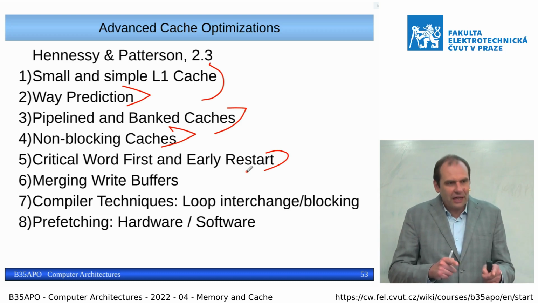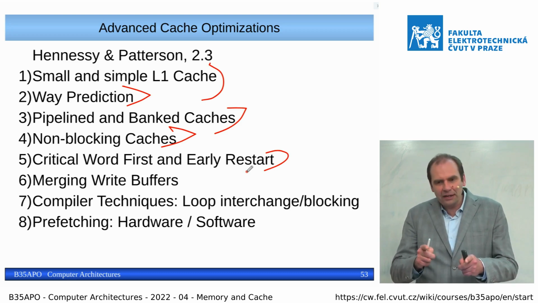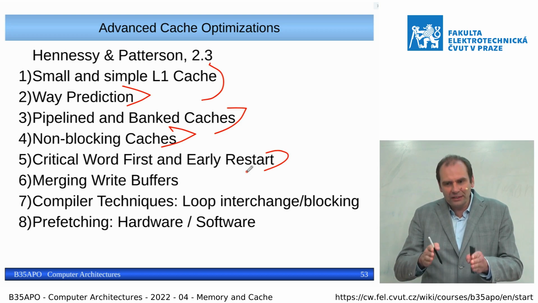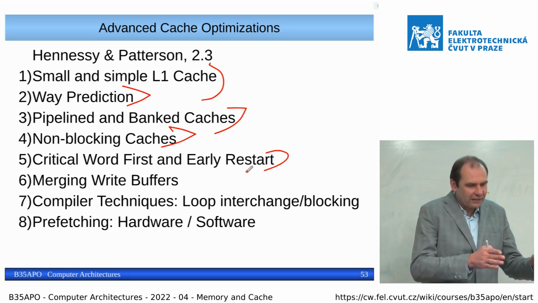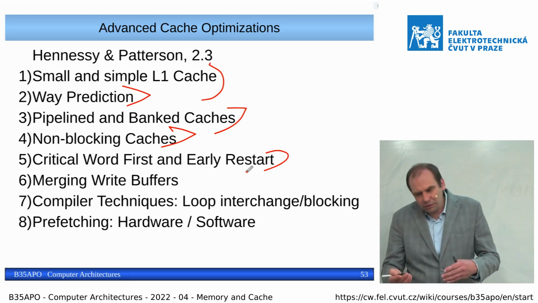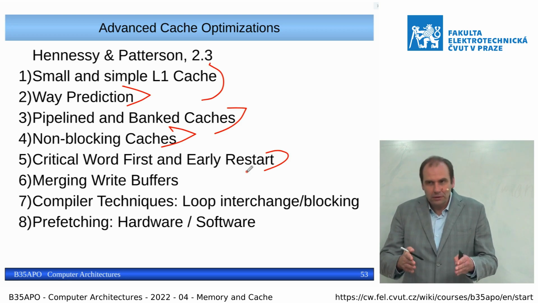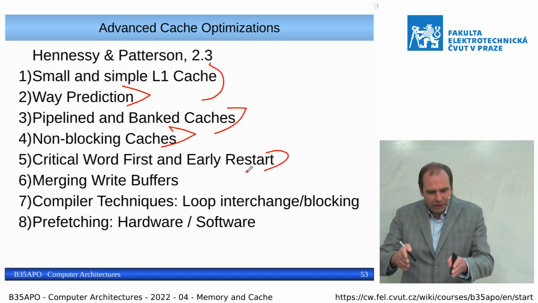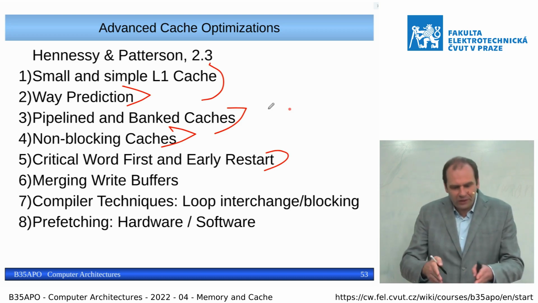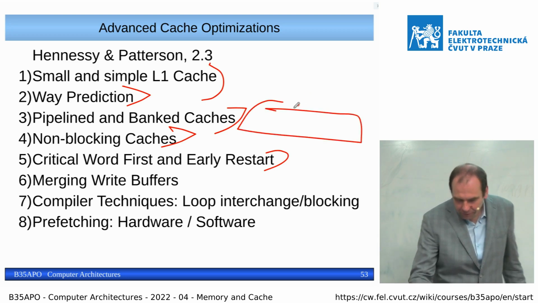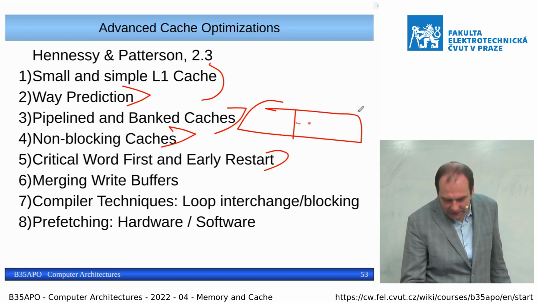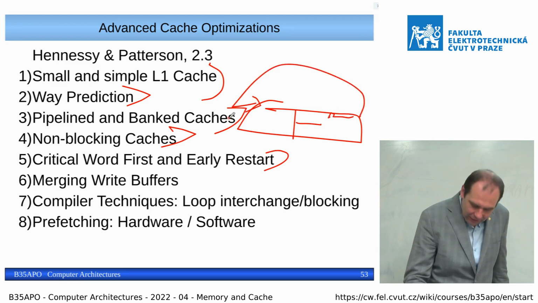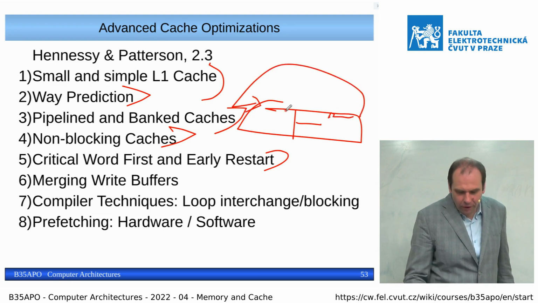Then it is advantageous that you can start to access and fill the cache not from the first word, or rather not word but block, which is basically the width of the memory, but that you start to fill the given line from, for example, byte 16, then you fill those bytes from 24, and then you restart and fill from the start of the line.